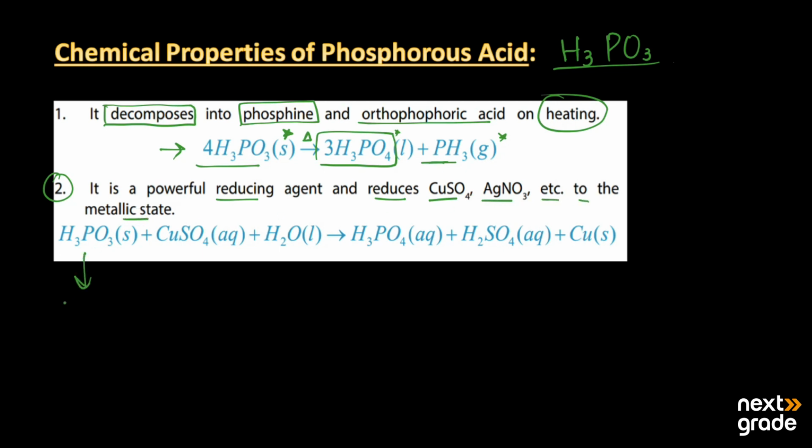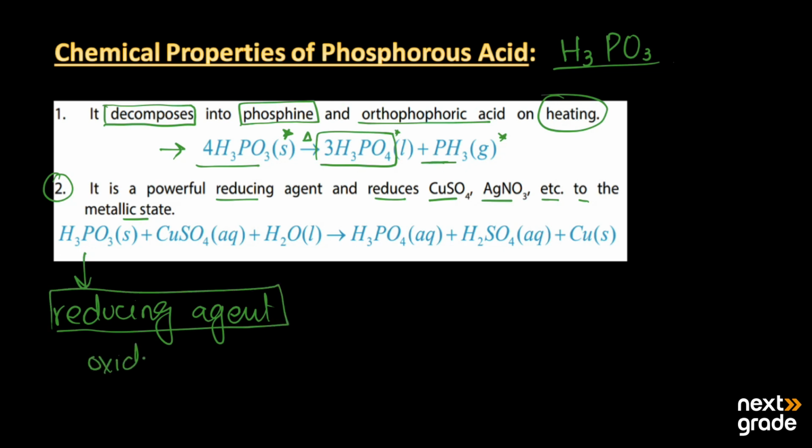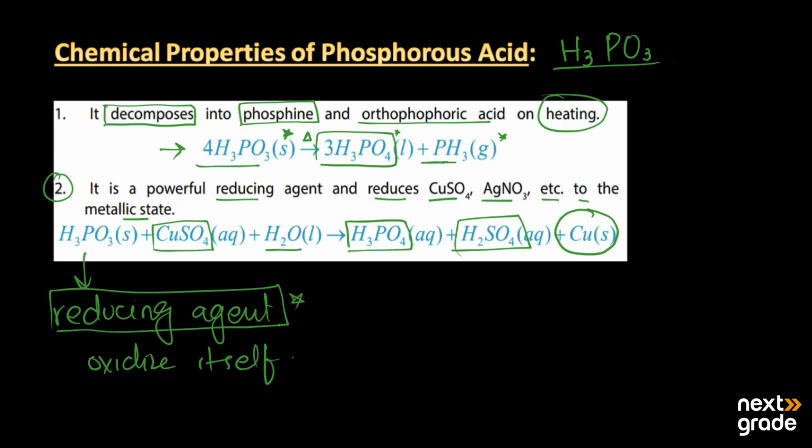So here H3PO3 works as a reducing agent, and a reducing agent is a substance that reduces the other but oxidizes itself. Phosphorus acid, while reacting with copper sulfate and water, produces orthophosphoric acid, sulfuric acid, and copper. Here the copper is reduced due to the presence of this reducing agent, phosphorus acid.